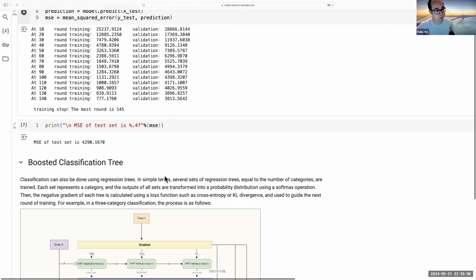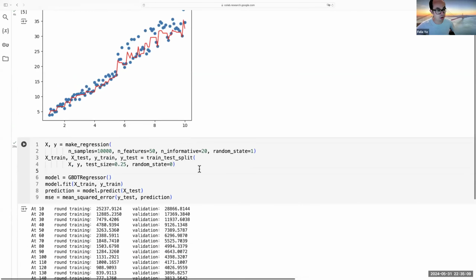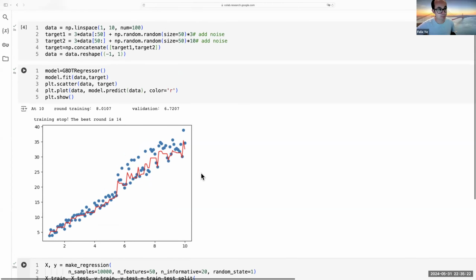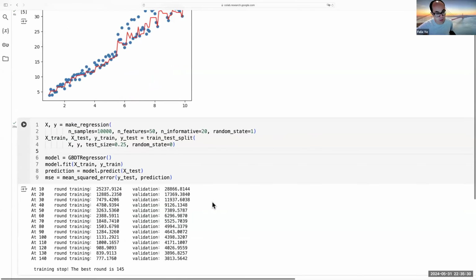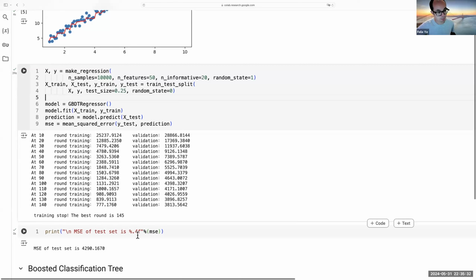Of course you can make things more and more complicated, and try to see whether this gives you a good result or not. Yes, you can do regression with this. You can see right here the final test error on the testing data set is about 4,300, so it is doing a pretty good job.